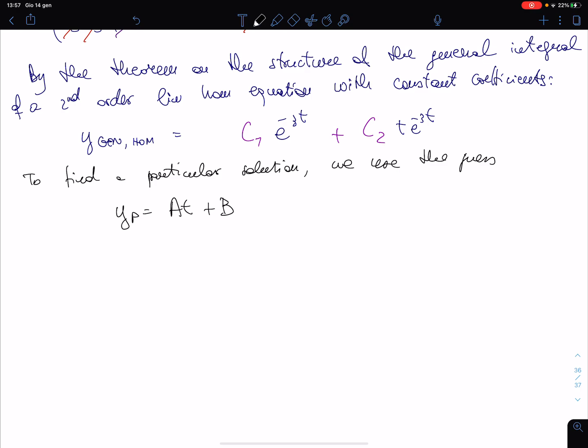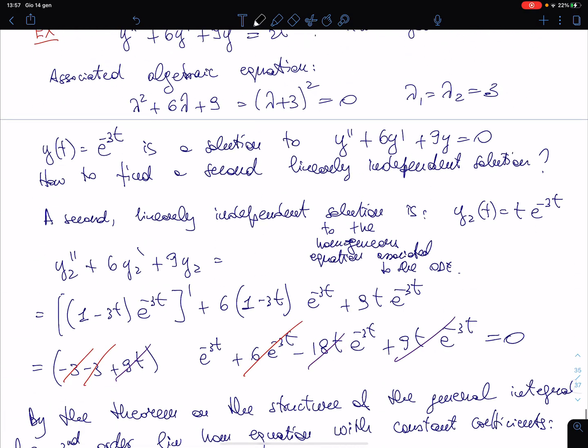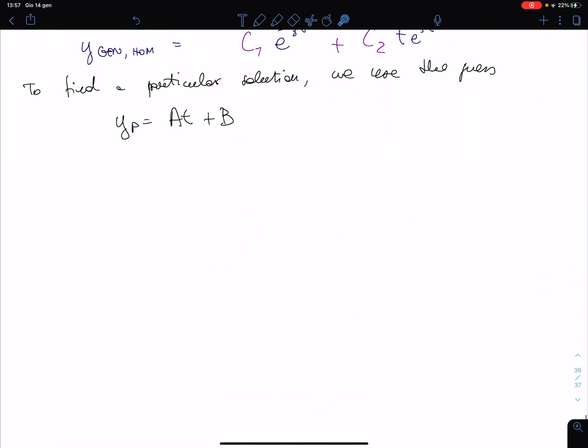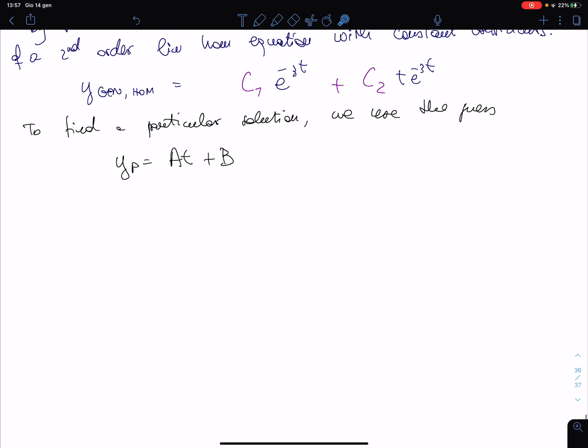It is dangerous to use higher powers, because here you have y. So if you use t to the cube, here you have t to the cube, which is not here, and there is no possibility to cancel it. Of course, you can use it, but then you find that the coefficients are equal to 0. So to find the coefficients a and b, we plug the solution yp into the equation.